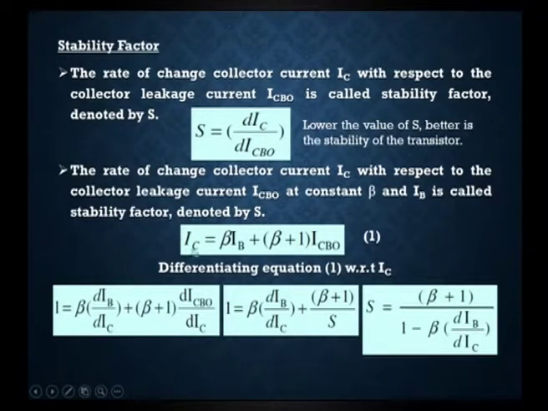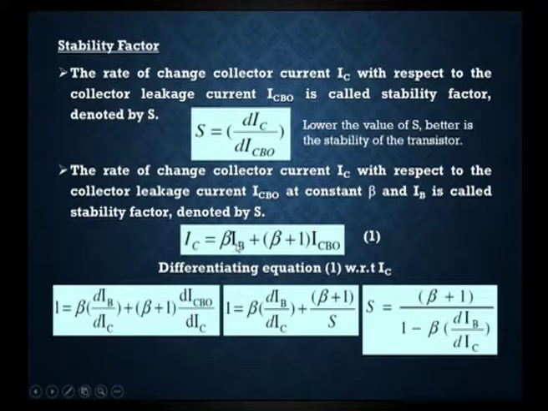We repeat the same thing here because we need to keep in mind that there is a constant, the current gain factor, that is also multiplied by ICBO. We need to consider that when we speak about stability factor. This is the equation that we get.